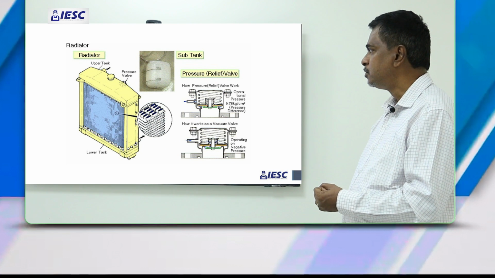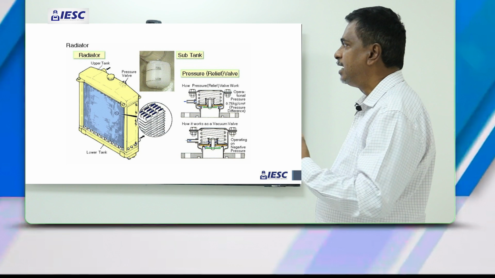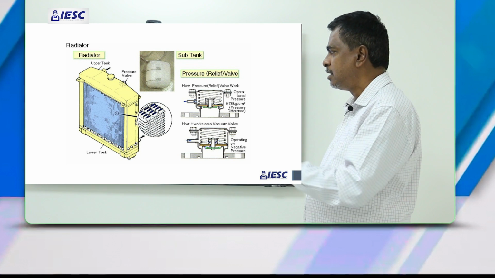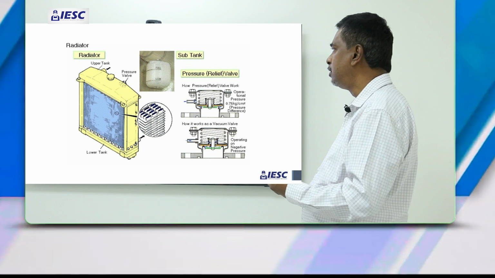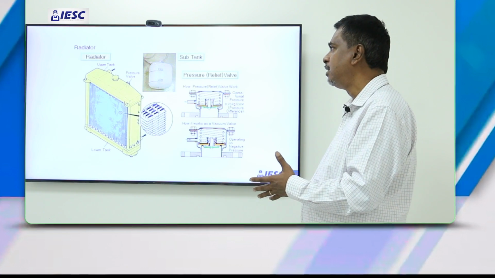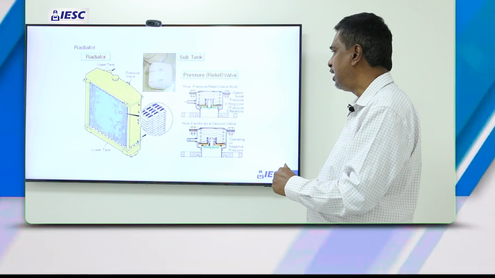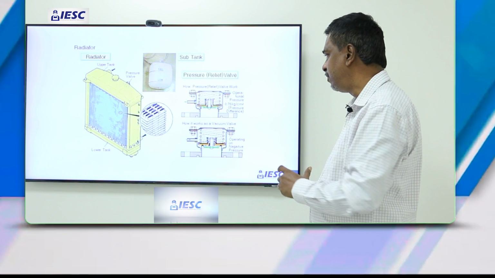So we will see in detail about the radiator. The radiator has an upper tank and a lower tank and fins in the middle, and there is a sub tank called the expansion tank, where we fill the coolant, and it has a pressure relief valve in the cap itself.